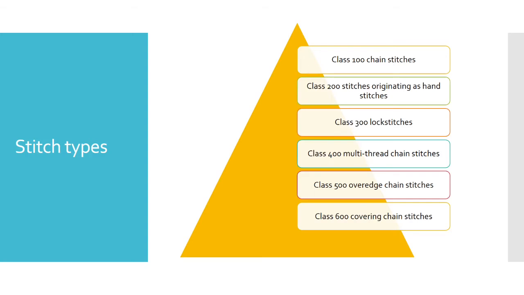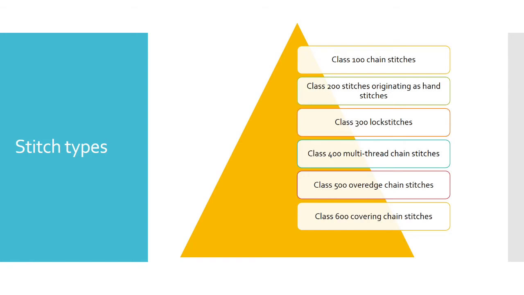Number 4: Class 400, multi-thread chain stitches. Typically, the maximum speed for lock stitch would be 6000 SPM, whereas with 2-thread chain stitch 8000 SPM can be achieved. Number 5: Class 500, overedge chain stitches. Overedge chain stitches have as a general characteristic a loop from at least one group of threads passing around the edge of the material. Number 6: Class 600, covering chain stitches.